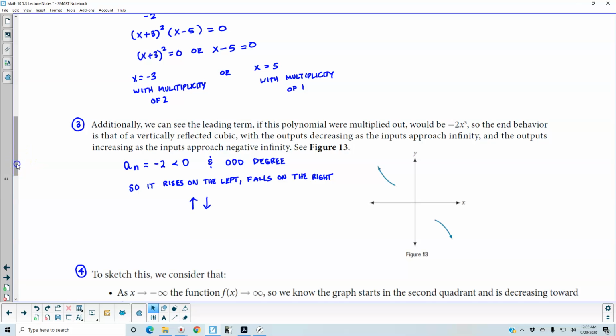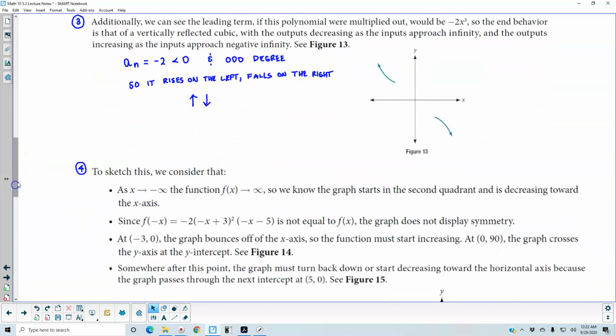Now, to sketch this, we need a couple of pieces of information. As x approaches negative infinity, the function is going towards positive infinity. So we know the graph starts in the second quadrant and is decreasing towards the x-axis. If we plugged in negative x into the function, it's not going to equal f of x.